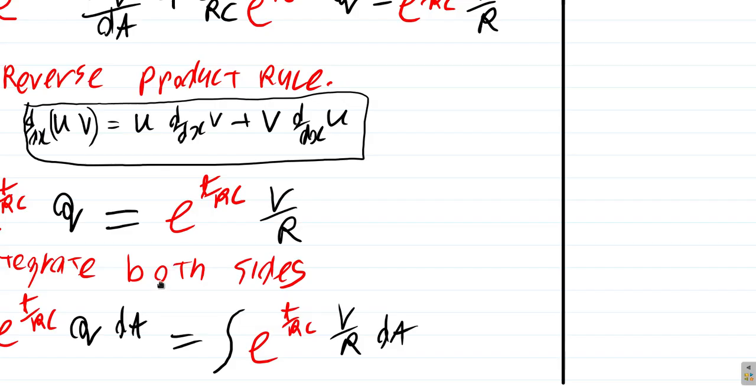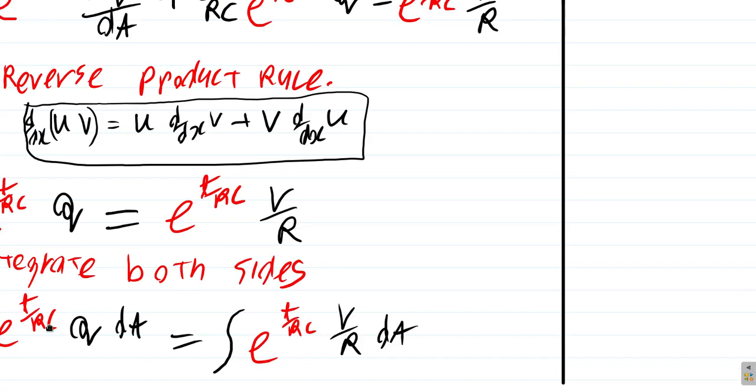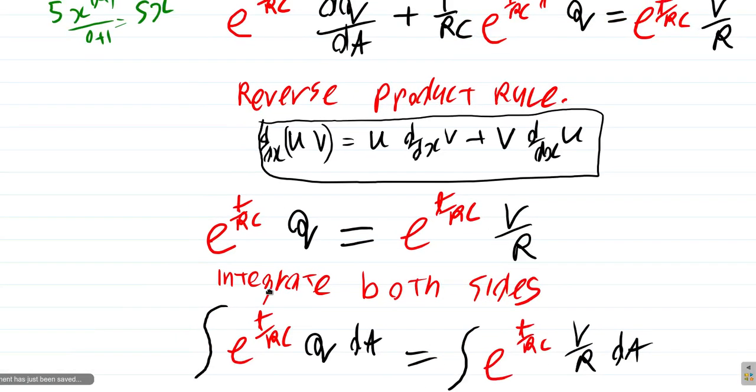Multiplied by q dt. Alright. So the integral of that, just to make sure, of q dt over rc multiplied by q dt.